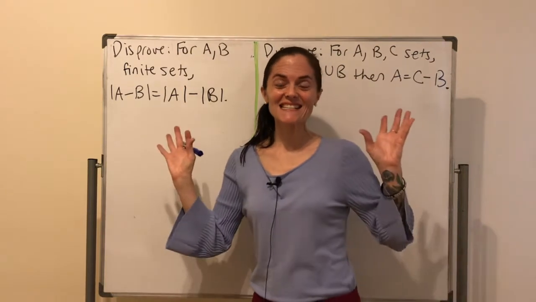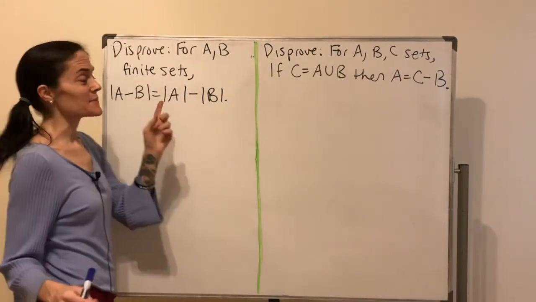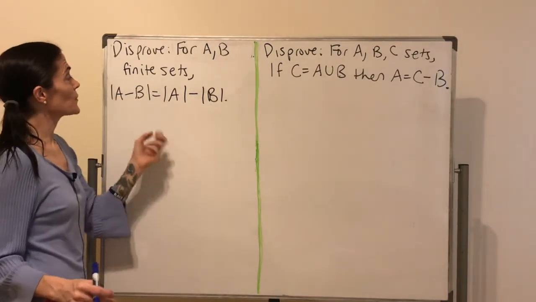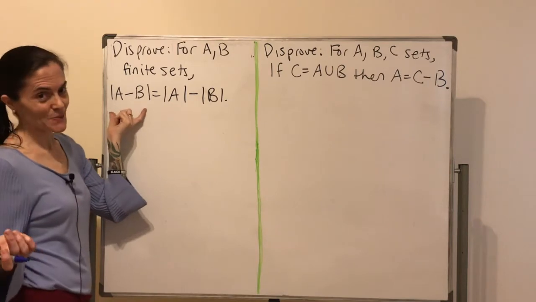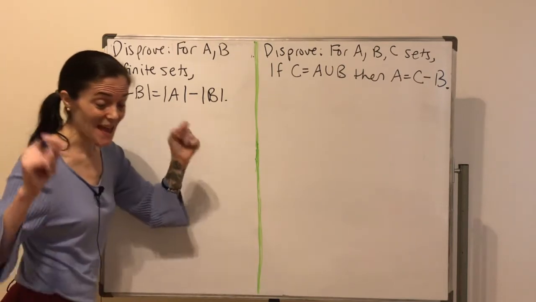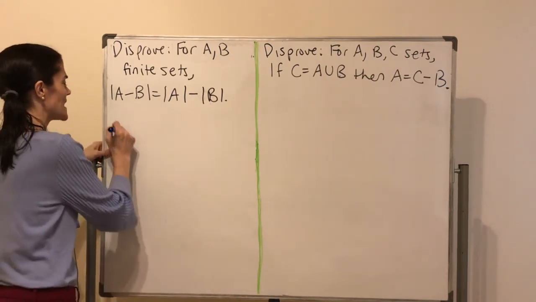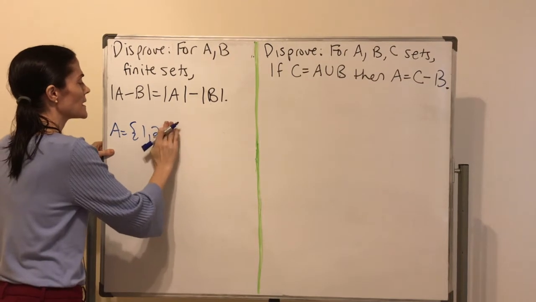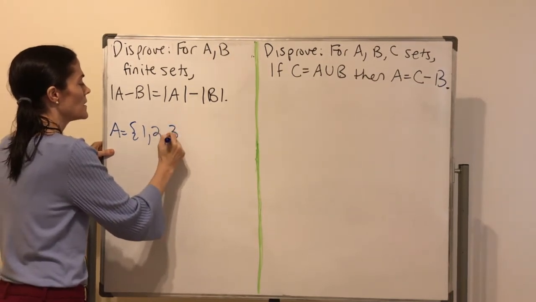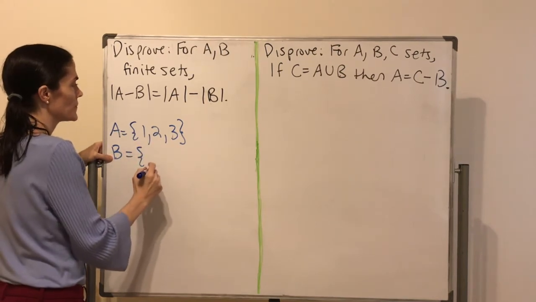Here are our next two examples, and they both come from sets. First, we will disprove for A and B finite sets the cardinality of A minus B equals the cardinality of A minus the cardinality of B. So let's just take maybe A and B to be the same cardinality. I will make A be 1, 2, 3, and B be, say, 4, 5, 6.